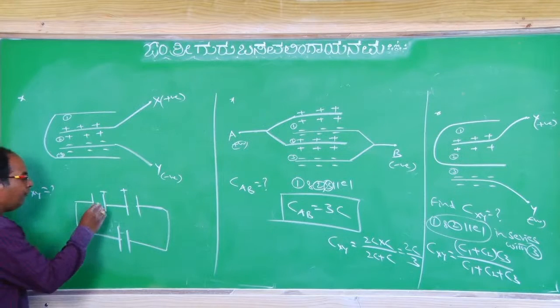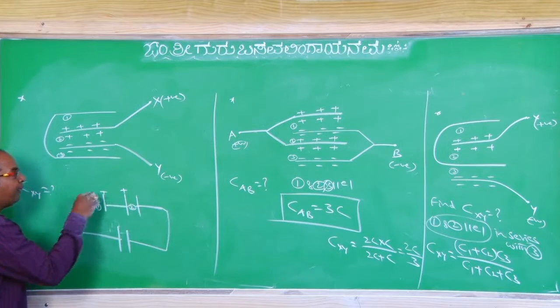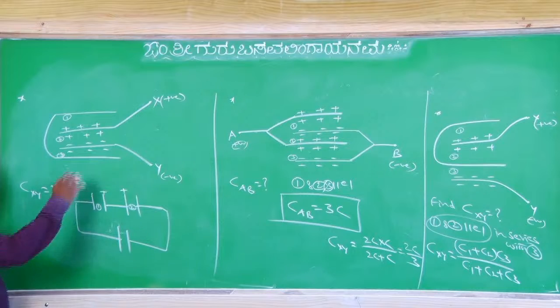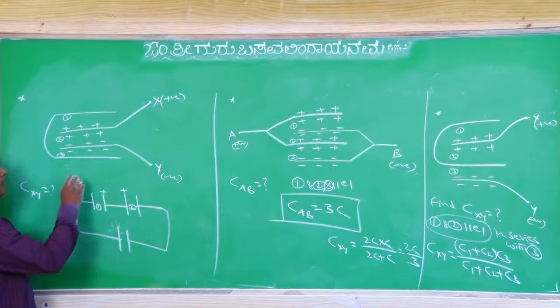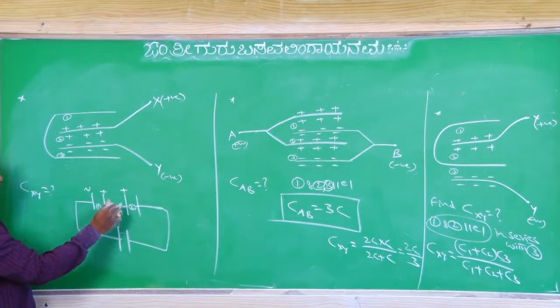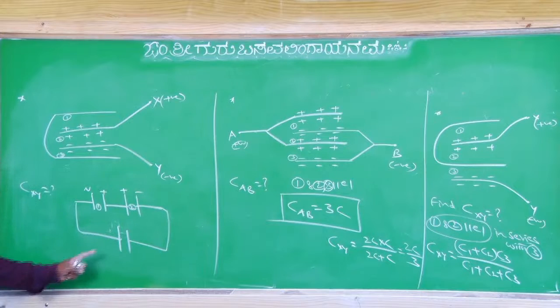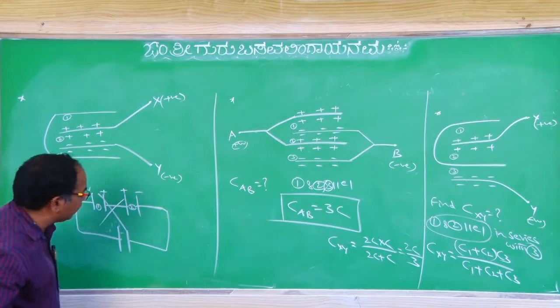Right. 1 and 2. Series you are thinking of parallel. Series. So, this is positive, this is positive. One is connected to neutral and second one, another one connected to negative. Now, is this one possible? No. So, wrong.